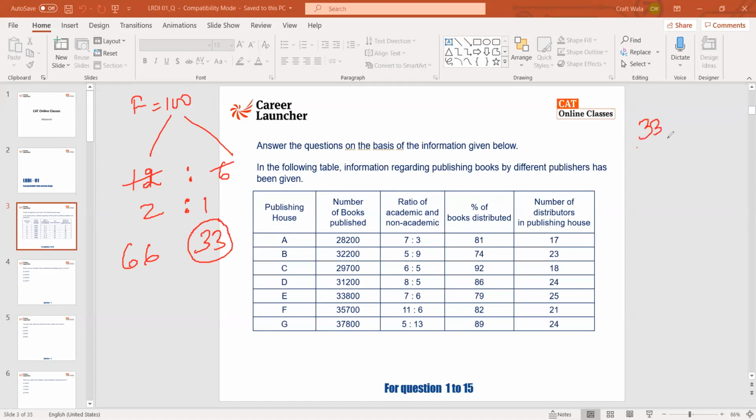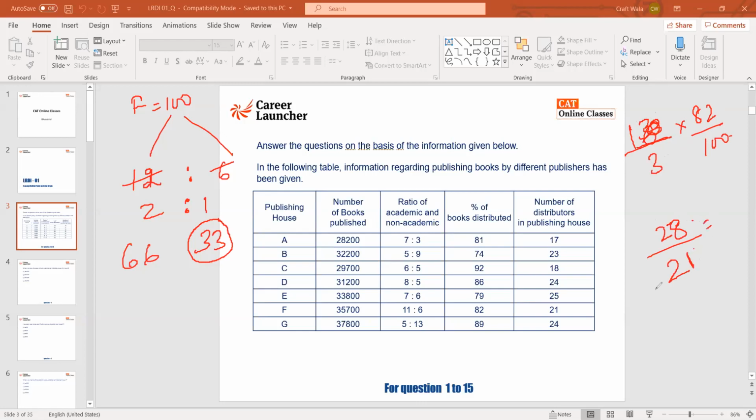Now out of those 33 non-academic books, how many will go to distributors? 82%. What is 82 upon 100 of 33? 33 means nothing but 1/3. So 1/3 of 82 will come around 27, 28. Now 28 books are distributed among how many distributors? 21.